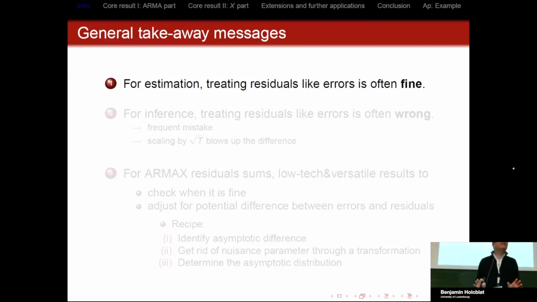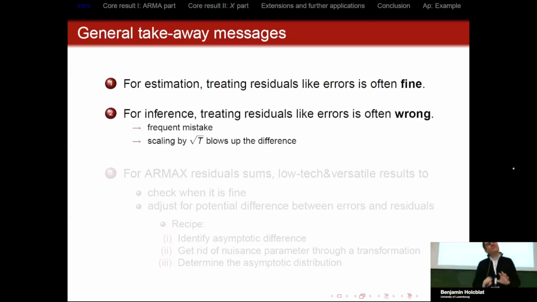The first is that as long as you do estimation, most of the time, at least under standard assumptions, if you replace the unobserved error term by the residual, you are typically fine. If you think about a regression, you have this error term, which of course you don't observe, but you can get the residual. If you treat the residual as an error term for estimation, usually you are fine.